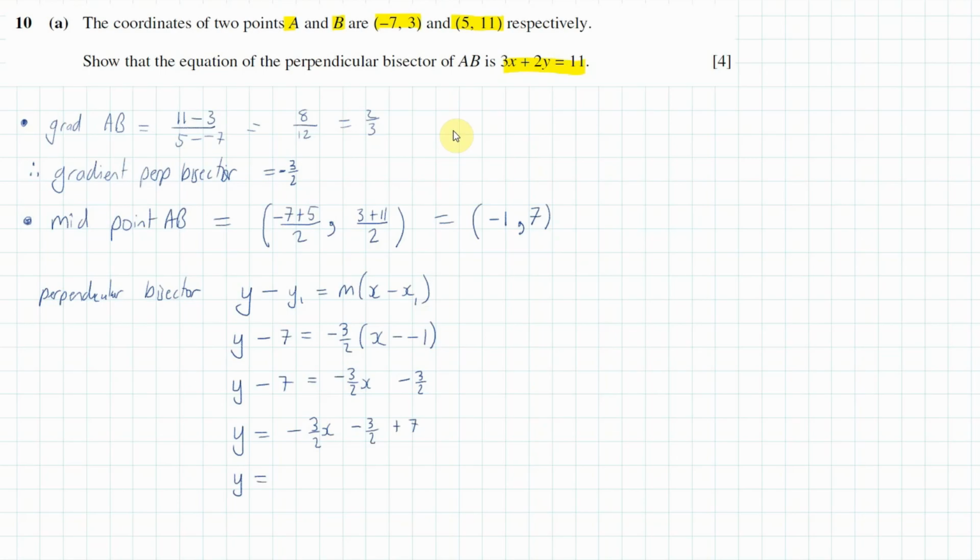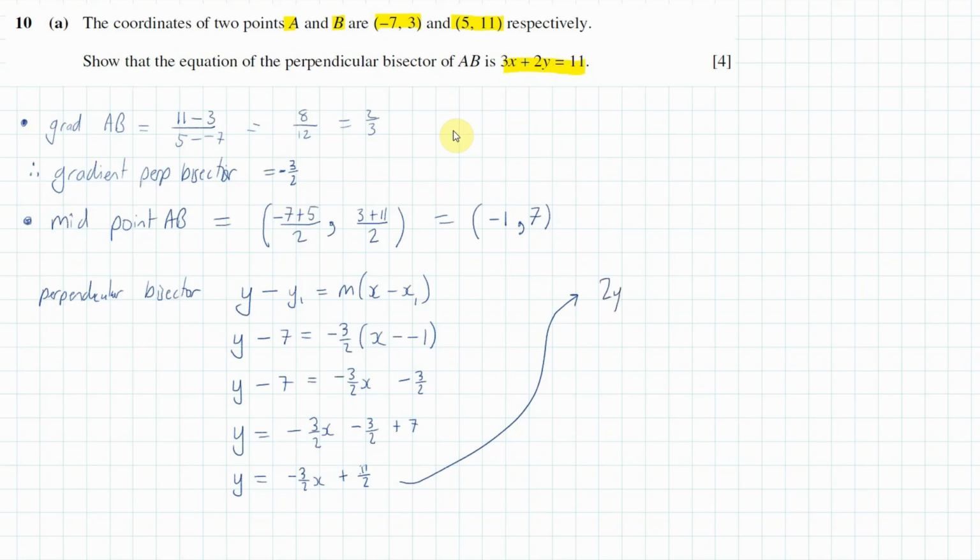y equals -3 over 2 x, plus 11 over 2. So 11 there. Alright, now I'll just bring everything over here. I'm going to multiply everything by 2.